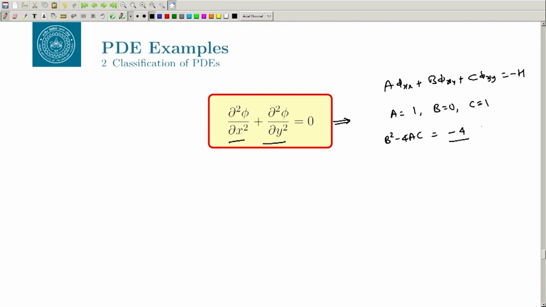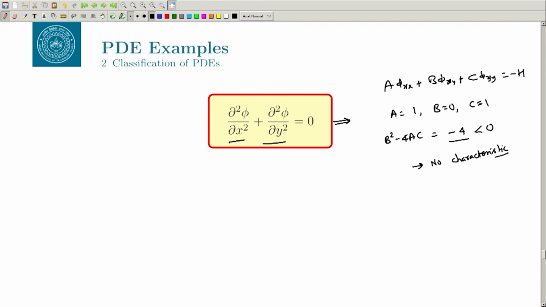So, this is less than 0. So, no characteristic. That means the derivatives are defined everywhere in the domain, and you will get only the smooth solution.